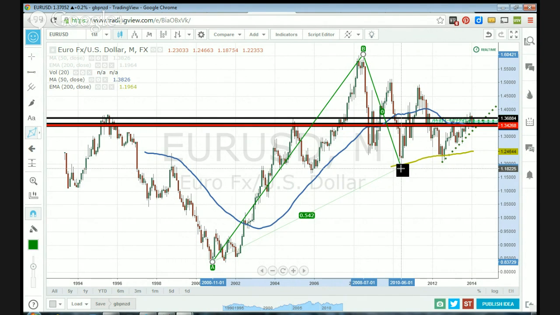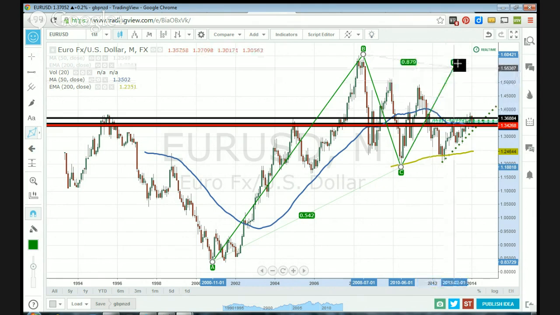But basically, if you add that from point D, which is 1.18, you're going to be around 1.94, which is way up off the chart, way up there.